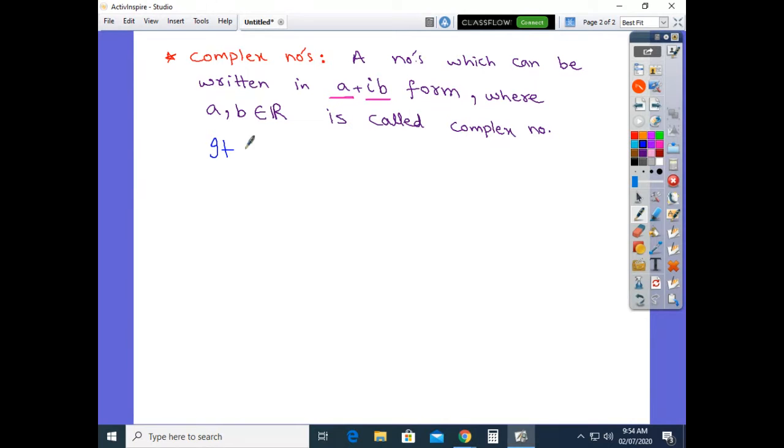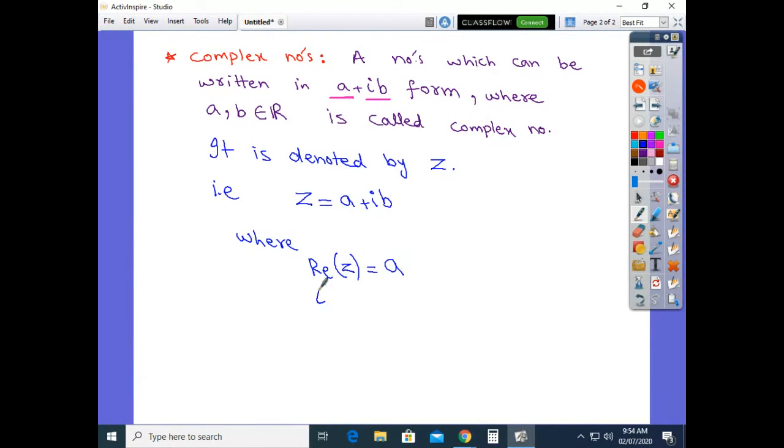It is denoted by Z. A complex number can be denoted by a small symbol z. That is, a complex number z is equal to a plus iota b, where Re of z, the real part of z, is a, and Im of z, the imaginary part of z, is b.